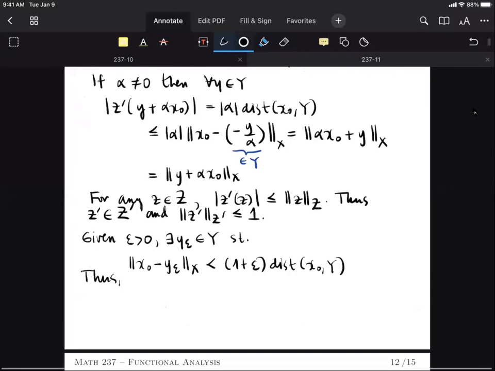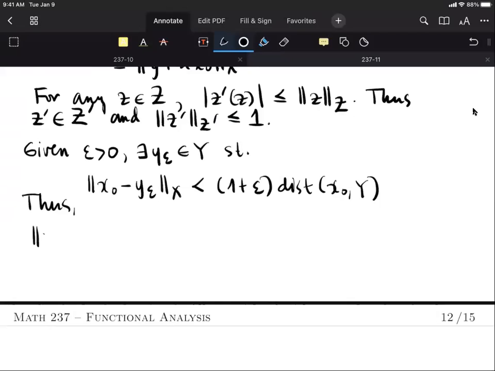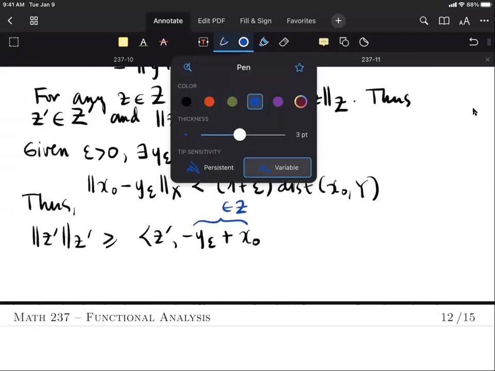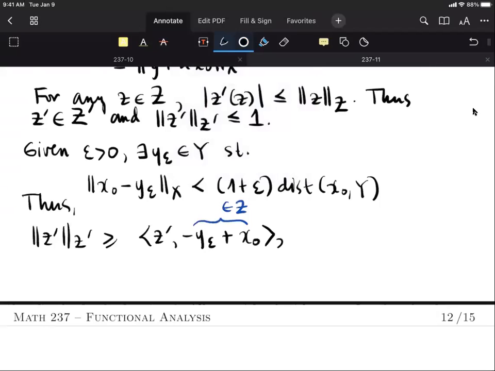Consequently, if we take the dual norm of z prime, according to the definition, this is greater or equal to z prime evaluated at a particular element of Z, namely negative y epsilon plus x naught, divided by the norm of negative y epsilon plus x naught.